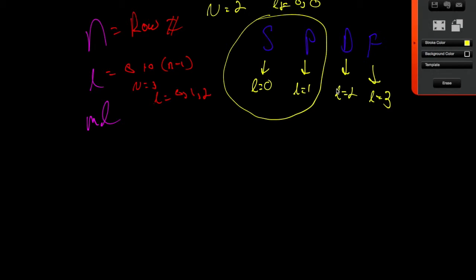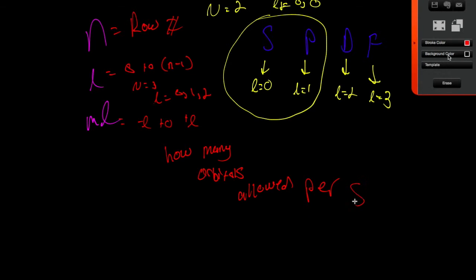All right? Now, what about m sub L? Well, m sub L, we learned, just has values of negative L to positive L. What does that really mean in terms of atoms? Well, it means how many orbitals are allowed per shape.